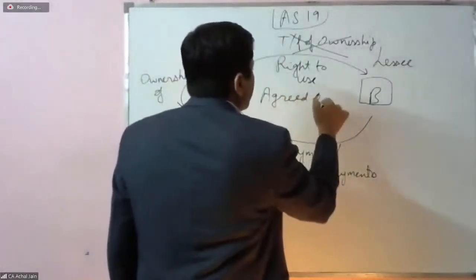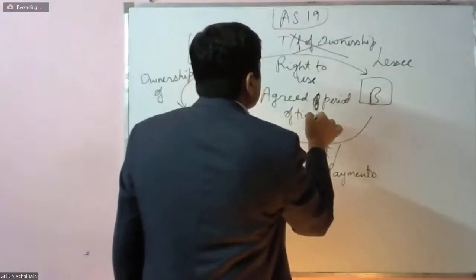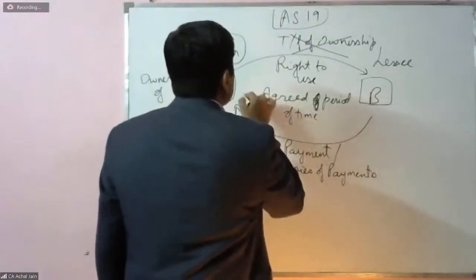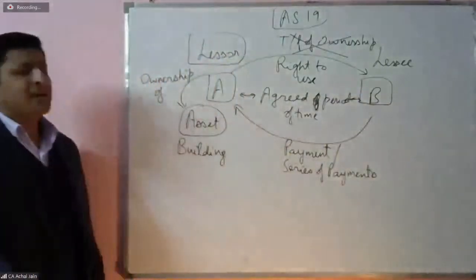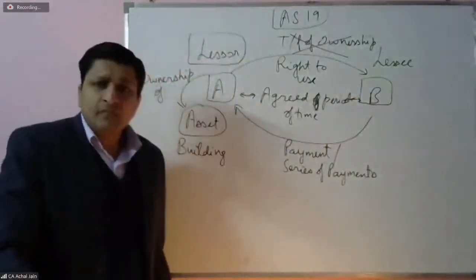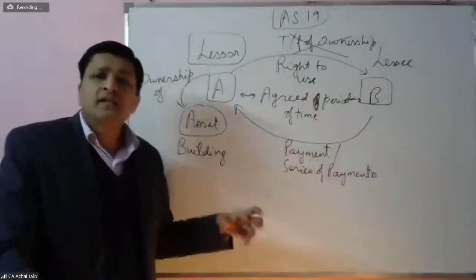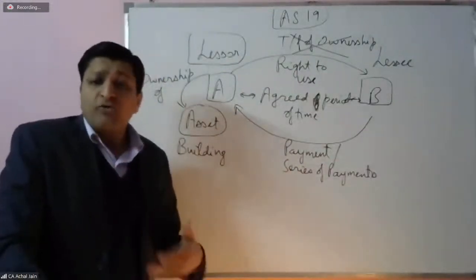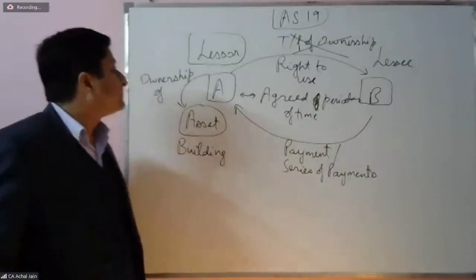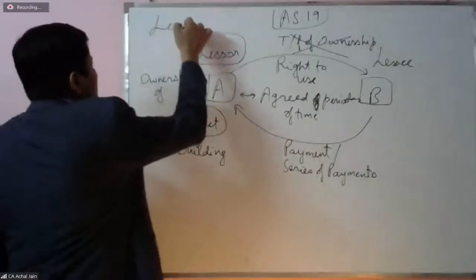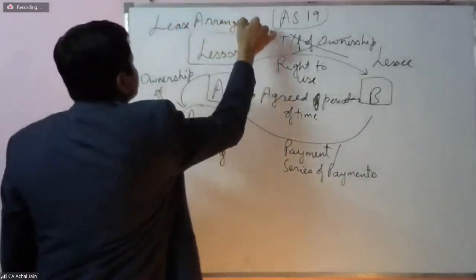Such a type of arrangement is called a lease arrangement, or you can also say rent arrangement. It's one and the same thing. This type of arrangement is called a lease arrangement.